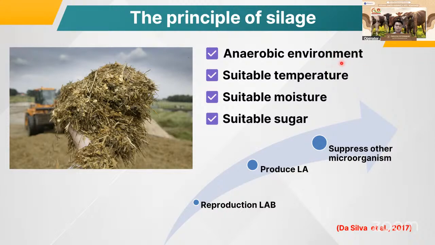So oxygen must be removed quickly after the silage process. If not, spoilage or some microbes may make the quality of silage lower than we expect.